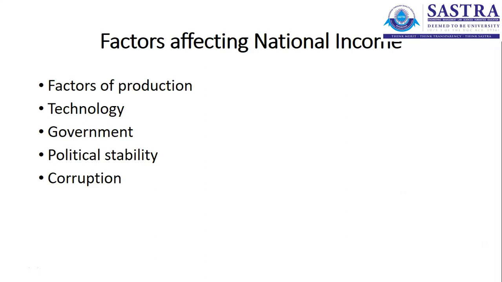The first one is the factors of production. Scarcity of resources affects the productivity of the nation, which may happen if resources are not properly available. The factors of production are land, labor, capital and organization. Together they are the major factors of production.